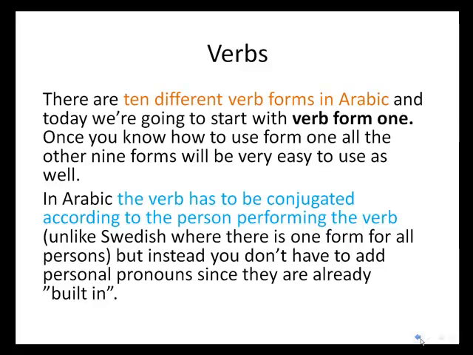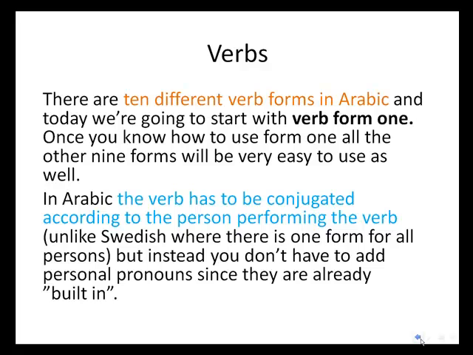It's important to know these 3 root letters when we're starting to talk about the verb, because the easiest form of the verbs, the verb form 1 that we're going to look at today, are built on these 3 root letters. There are 10 forms that are mostly used in Arabic, and these 10 forms that people use most often are then built on the 3 root letters, but with extra letters or extra signs added.